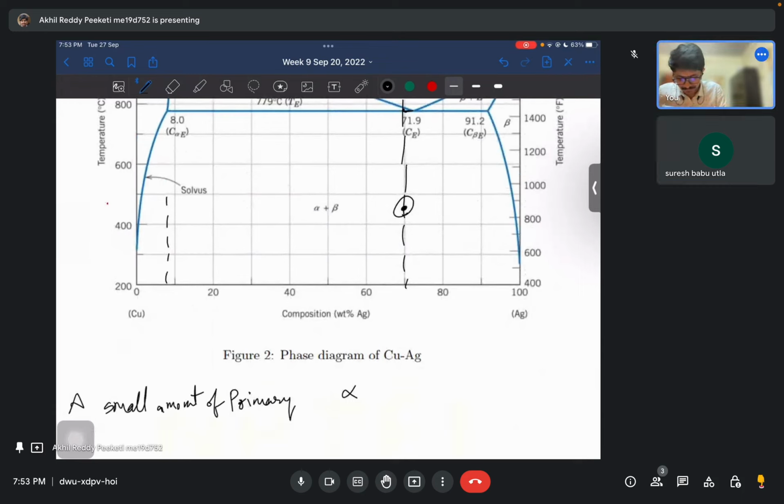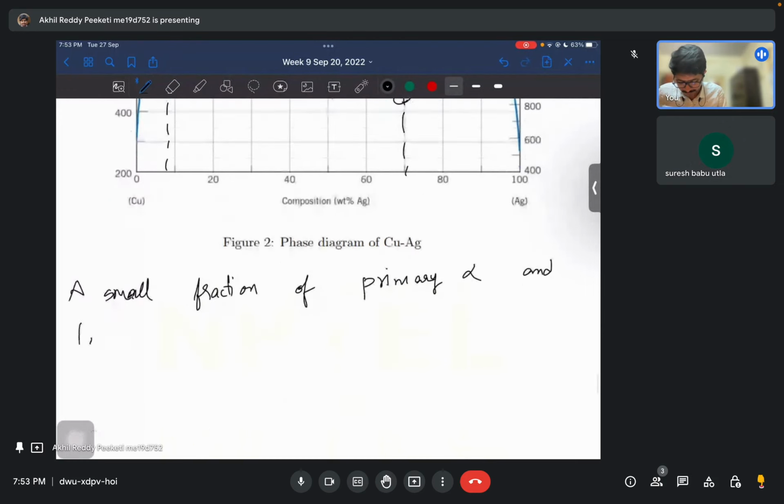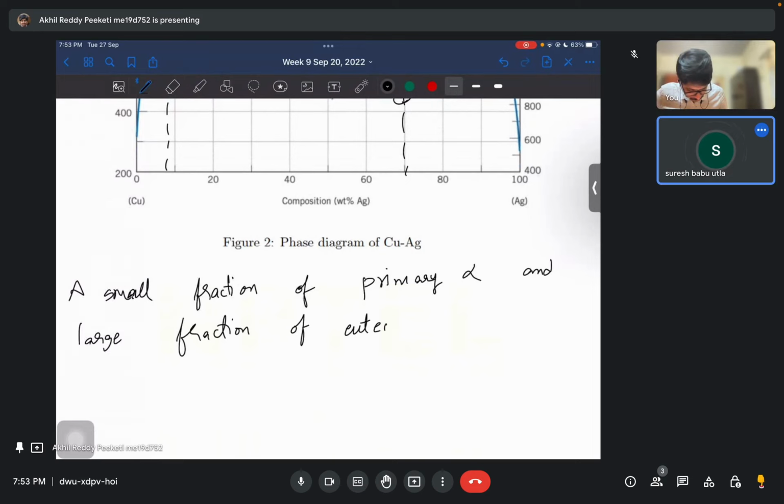A small fraction of primary alpha and a large fraction of eutectic mixture, a eutectic mixture of alpha and beta.